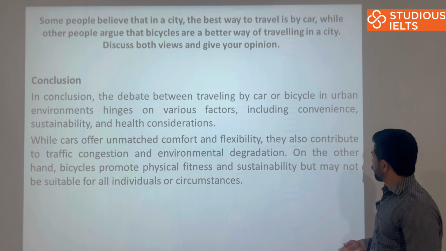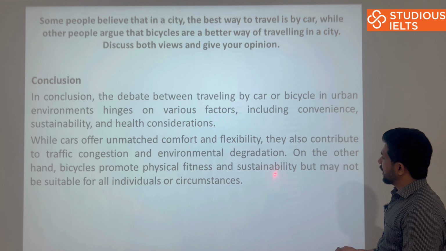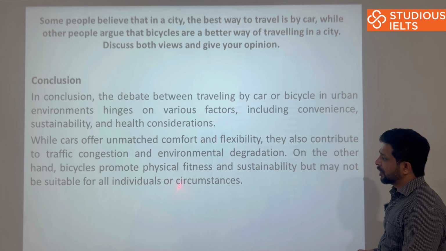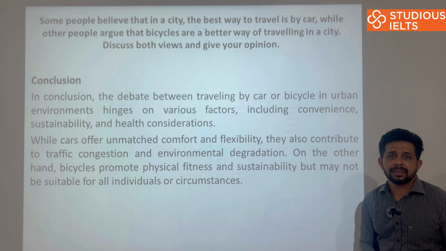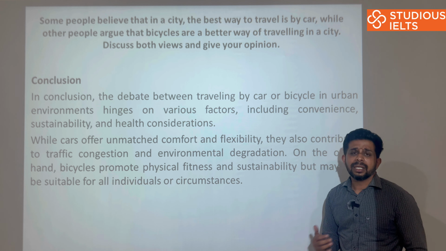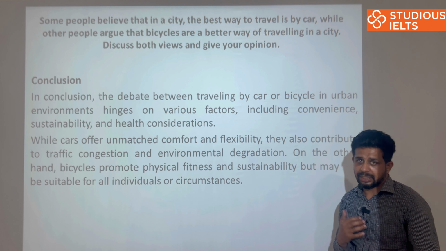On the other hand, bicycles promote physical fitness and sustainability, but may not be suitable for all individuals or circumstances. So, definitely, bicycles are also beneficial, but somehow they cannot be used in every condition.